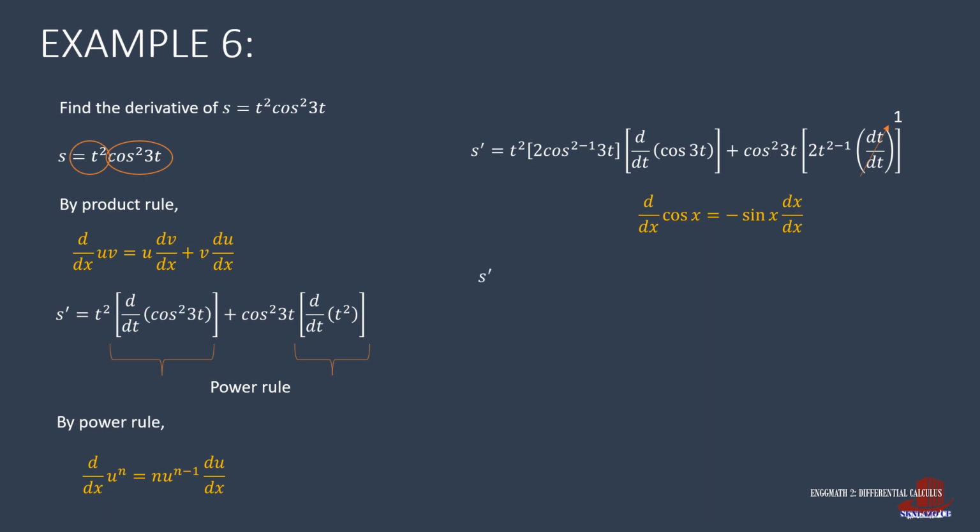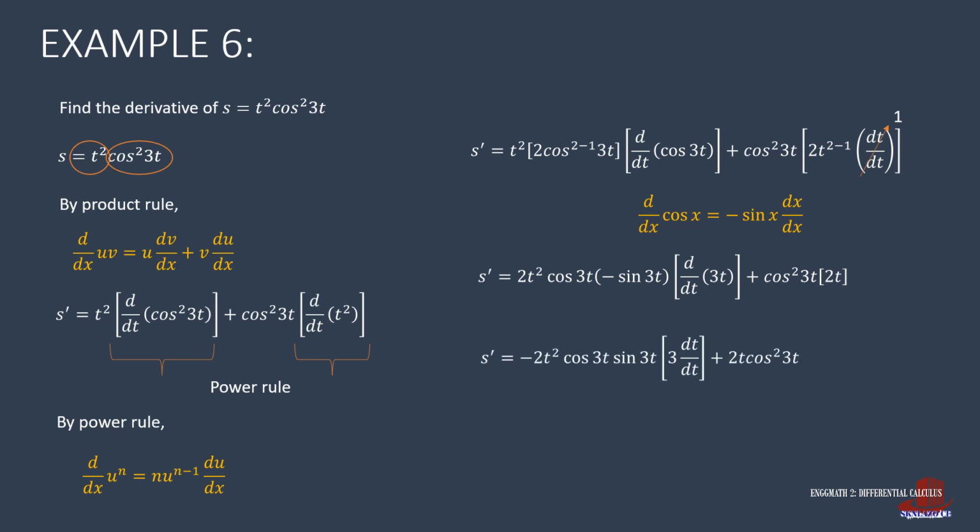So we get s prime as 2t squared times cosine 3t times negative sine of 3t with the derivative of 3t plus cosine squared of 3t times 2t. We can simplify the terms where the last derivative has 3 times dt all over dt. Finally, s prime is negative 6 t squared cosine of 3t sine of 3t plus 2t multiplied by cosine squared of 3t.